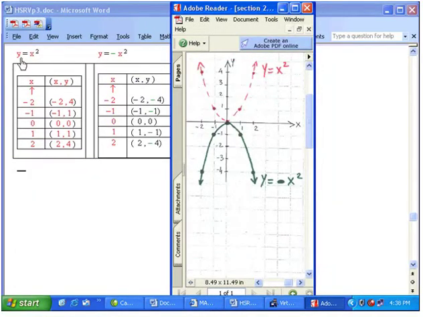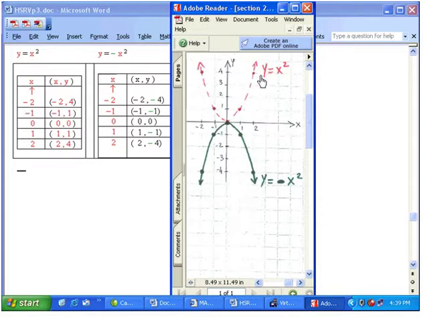So now for y equal to x squared and y equal to the opposite of x squared, notice you have the red graph of y equal to x squared dotted, opening upward. When you have y equal to the opposite of x squared and you plot the points -2, -4, -1, -1, 0, 0, 1, -1, and 2, -4, notice that basically your green graph is like a mirror image of the red graph.